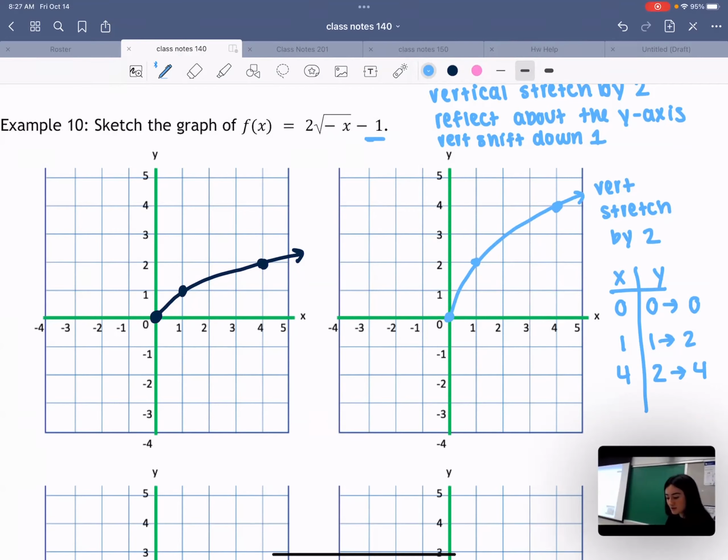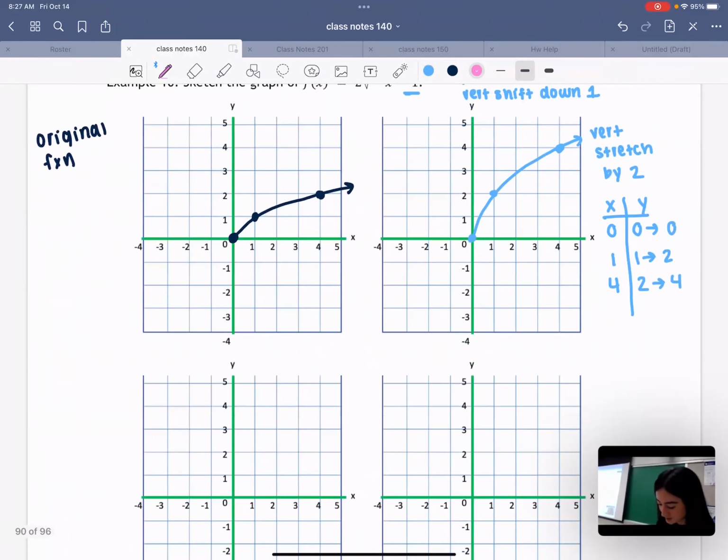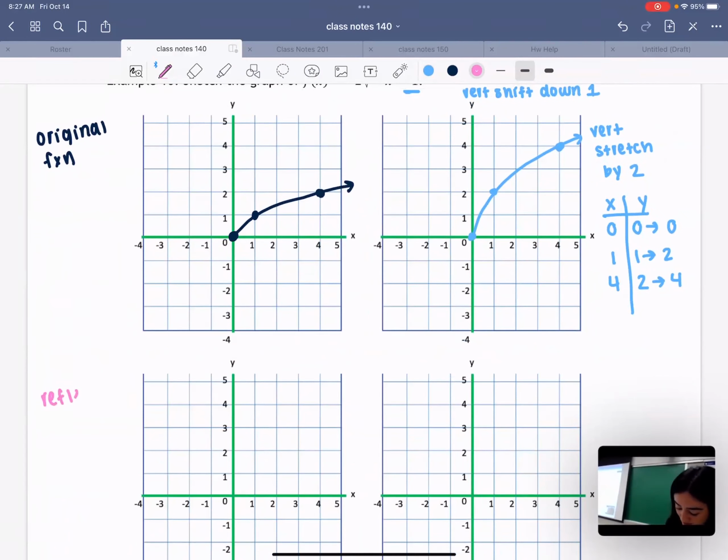Next, it says I need to reflect about the y-axis. So I'm going to pretend my y-axis is a mirror. Every point is going to be flipped over the mirror. So over here, I'm going to reflect across the y-axis.